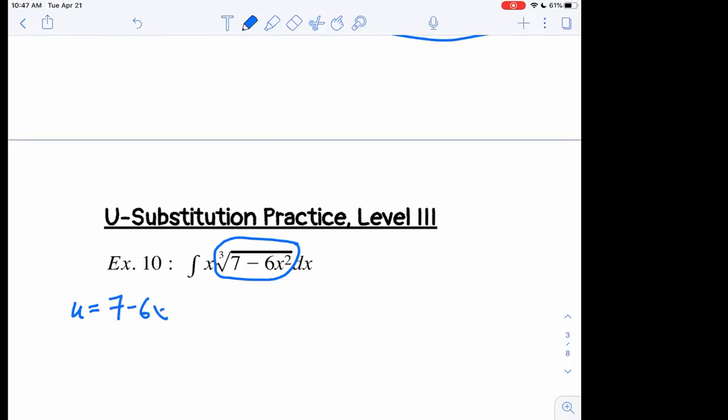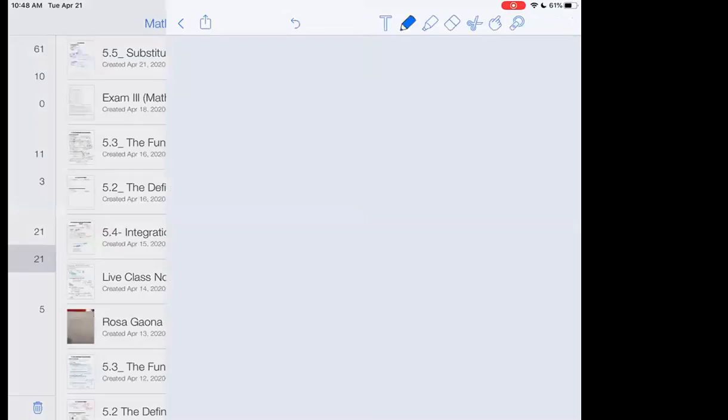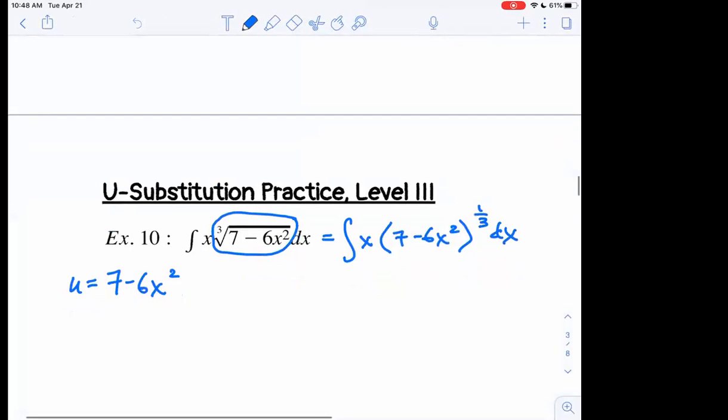Perfect. 7 minus 6x squared, right? Most of the time the thing raised to the power is your u. It might even be helpful to write this as x times 7 minus 6x squared to the 1/3 power. That could be another way to help you see what's the thing raised to the power, okay? So this is going to be our u.